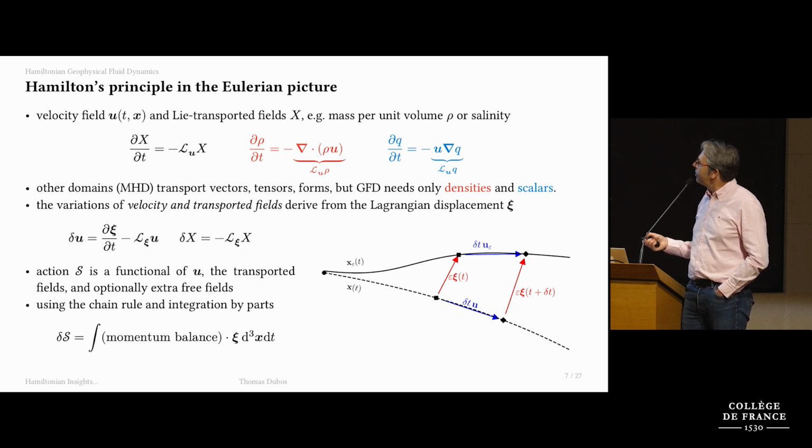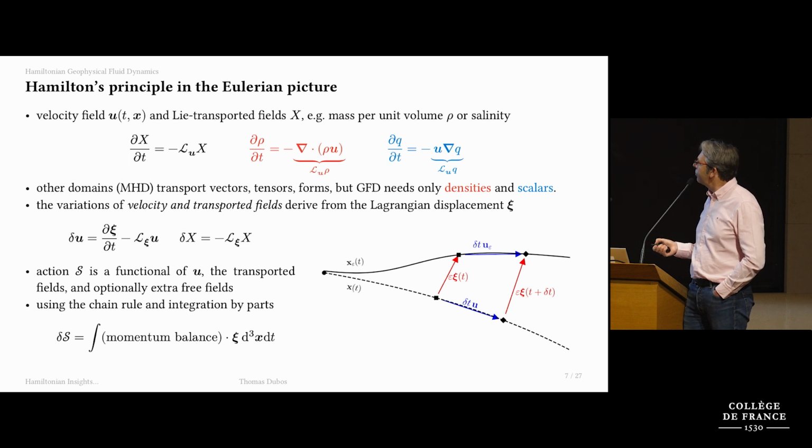And then the crux of the variational principle is to derive all the variations of these transported fields from a single Lagrangian displacement field, and also the velocity variation will derive from this single Lagrangian displacement field.